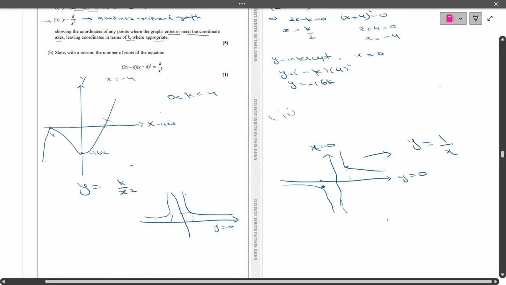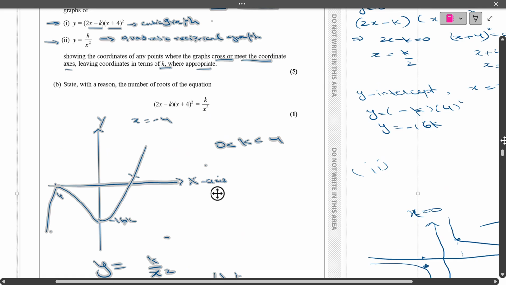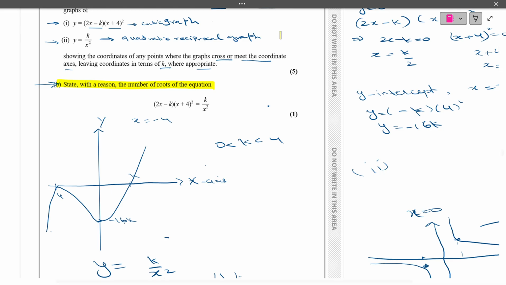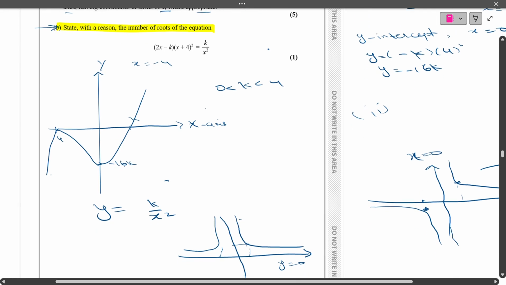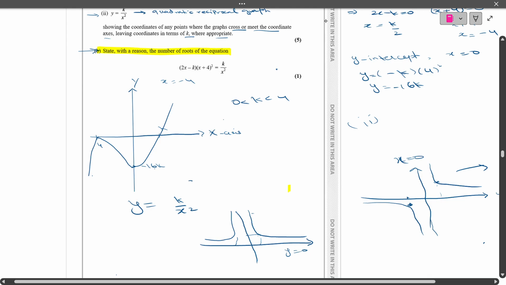Okay, the next part of the question, part B, says state with a reason the number of roots of the equation. So how many roots? It means that I have to say how many times both graphs meet each other. If I look at my reciprocal graph, it is in the first quadrant and second quadrant.